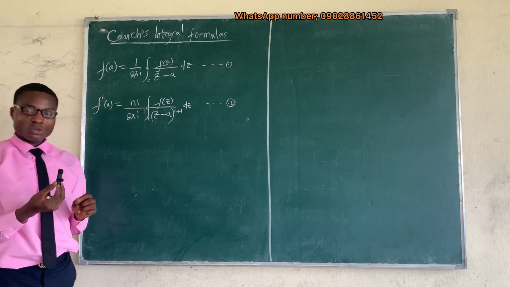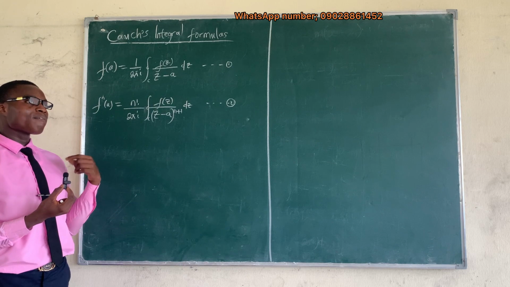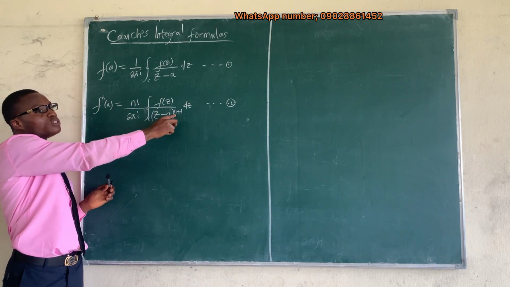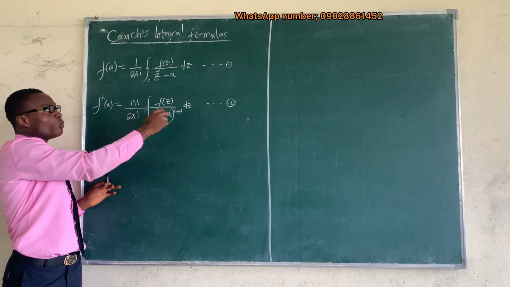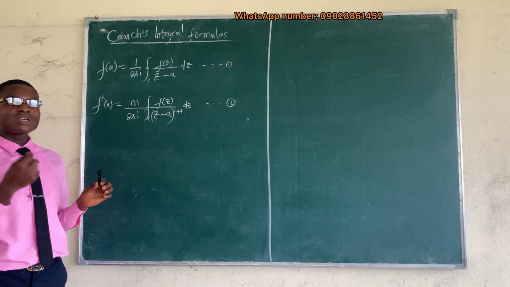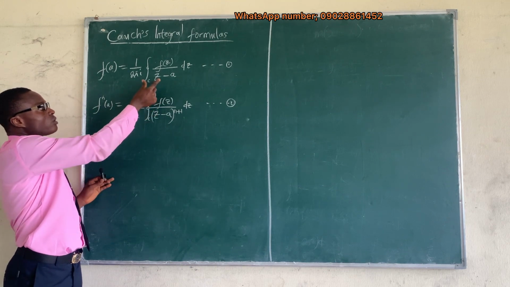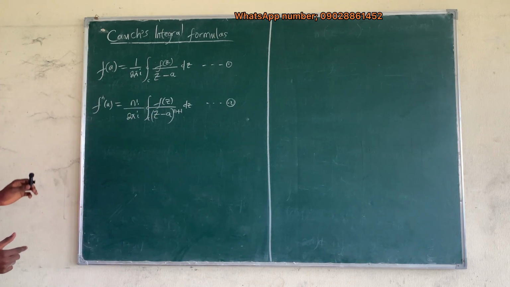Suppose you have any question where you have z minus 2 raised to the power of 5, it means that your n is 4 because 4 plus 1 will give you 5. But if the denominator is just z minus 2, you don't have to apply this formula, you just use the first one.